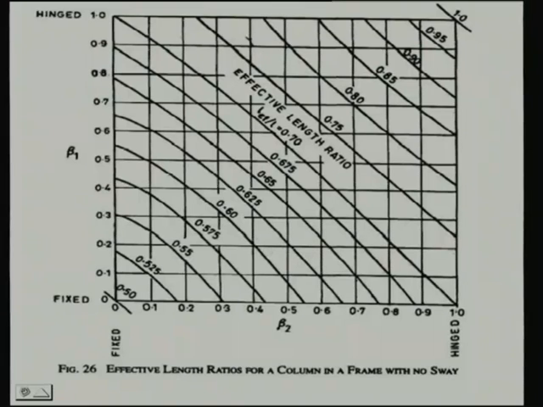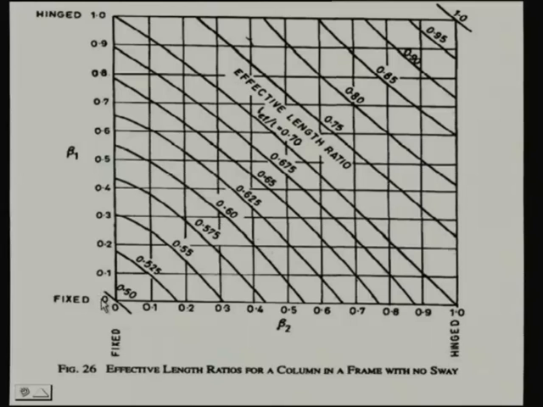This is one table and you will get it in Annex E, Figure 26, effective length ratios for a column in a frame with no sway. If the frame has no sway, in that case I shall take the parameter beta 1. Please note here it is fixed.